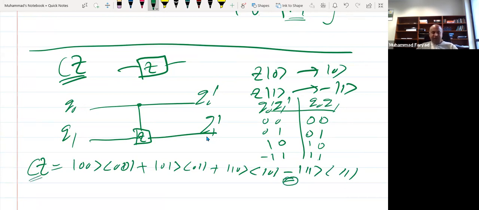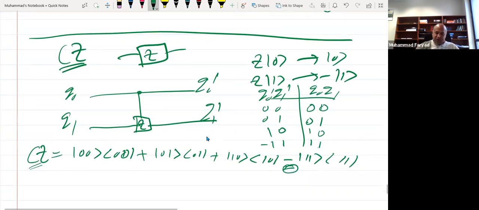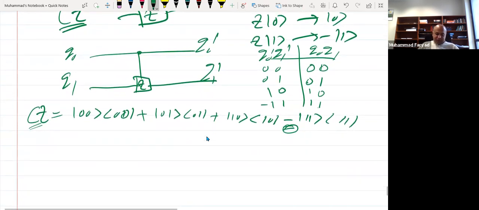So this is how I can write the controlled Z operator form directly. In today's activity, you will be asked to take this controlled S gate and write its operator form. You just construct its truth table, and from the truth table, you can write the operator form directly.